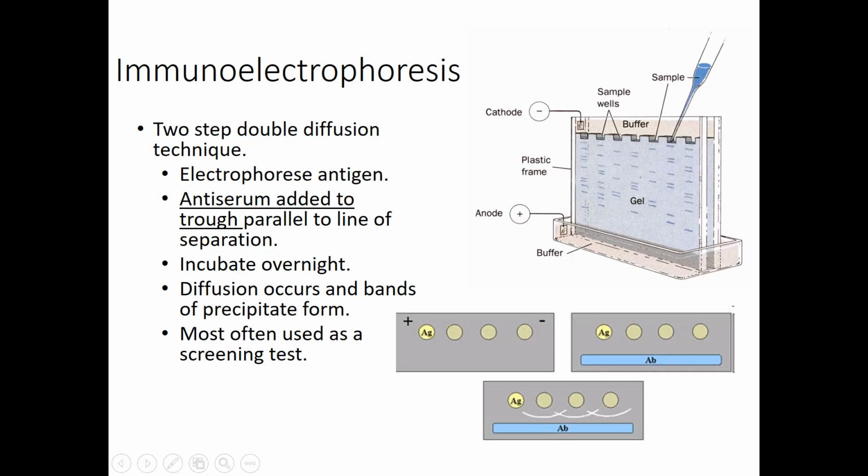Antiserum is then added to a trough outside of it, and the antigen and the antibody move through the gel together. And where they meet, we get these arcs. We incubate that overnight. Diffusion occurs, and we're going to see that arc at the end of the time. So it's a very simple process.